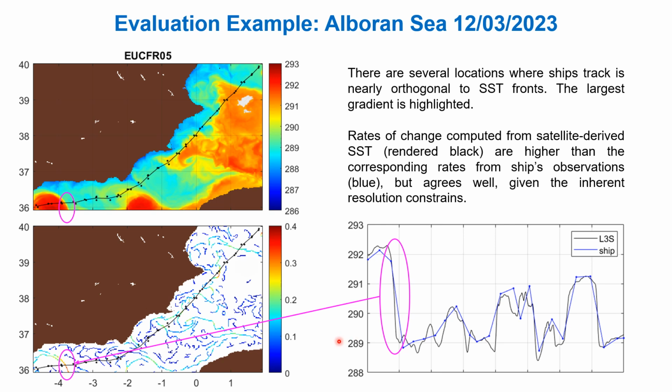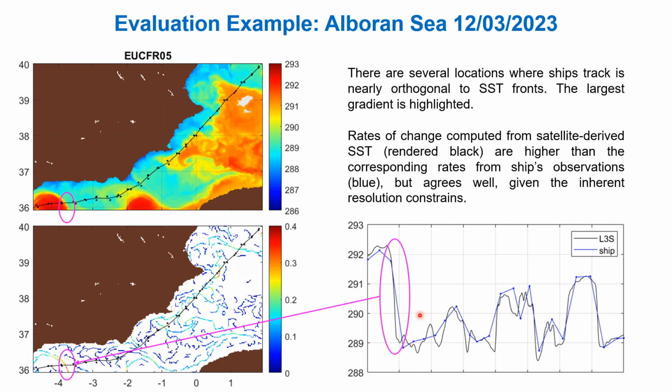We could see that there are several locations where the ship crossed the thermal fronts at the nearly orthogonal direction, but we're interested in the ones that correspond to a larger rate of change. So that would be the case.